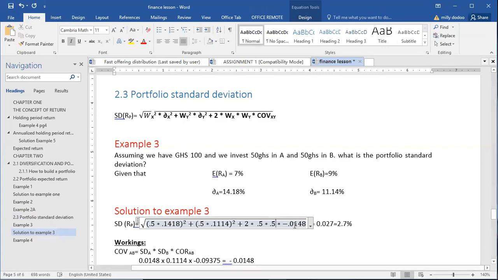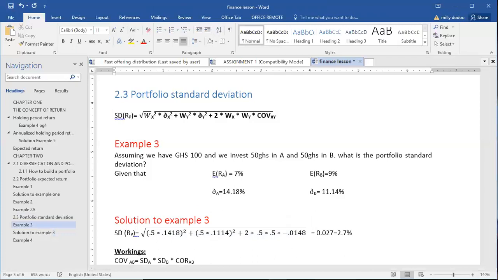Now, the question, we left out one thing here, where correlation coefficient is, so correlation coefficient is negative 0.9374. So we left out this thing in the question.